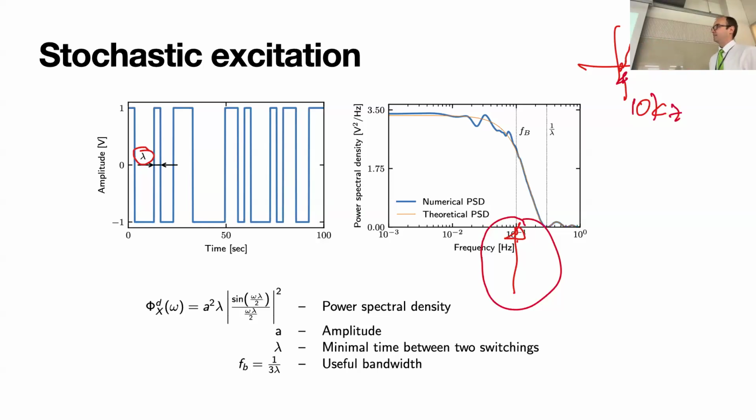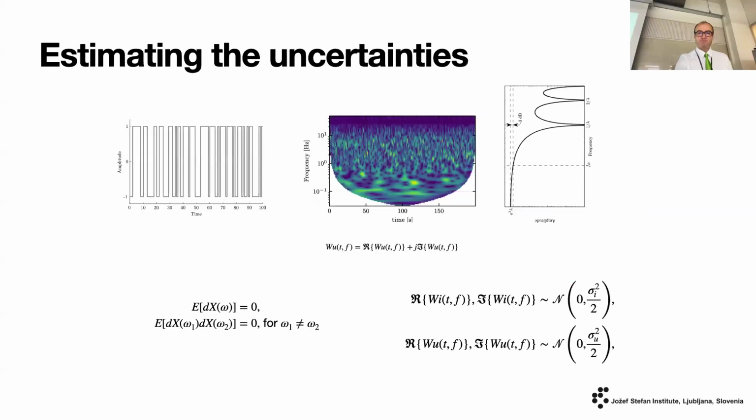All the frequencies are present. I told you that all the frequencies are present all the time. Well, that wasn't true. All the frequencies are present on average all the time. This means that if I take this signal and I calculate it using time frequency analysis, I'm going to tell you tomorrow in detail what this means.